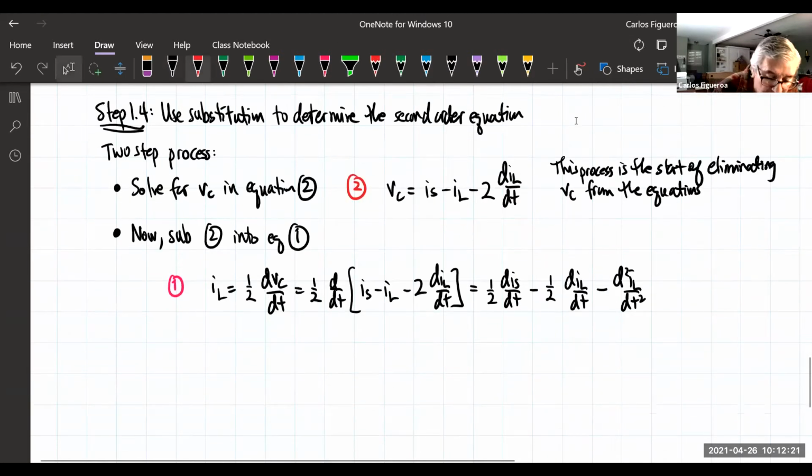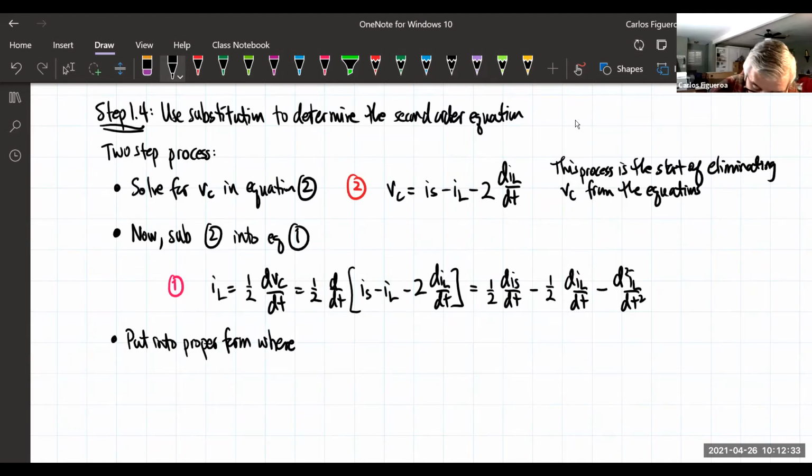And so now the last step is to put it into proper form, where the di dt term has no cofactor.